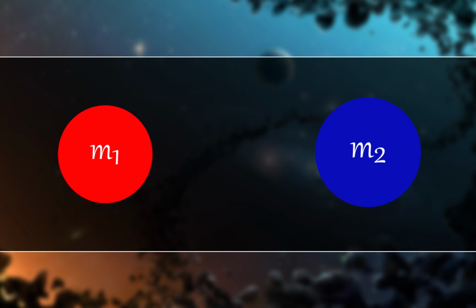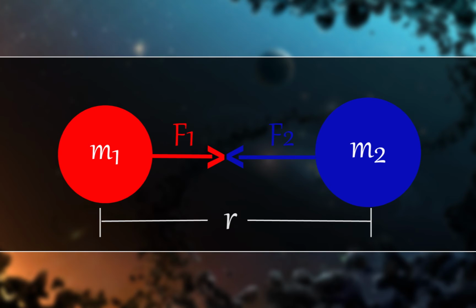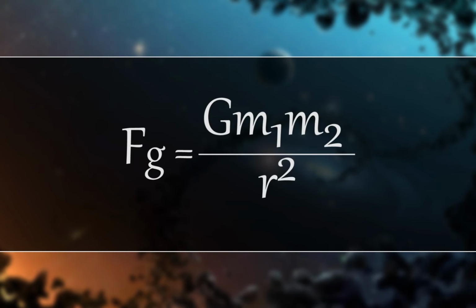There are two objects with masses positioned at a distance r. Even if the distance is very large, or the masses of the two objects are very small, in the micro range, as Newton's law states, there is still a gravitational force. Now let's see the equation.